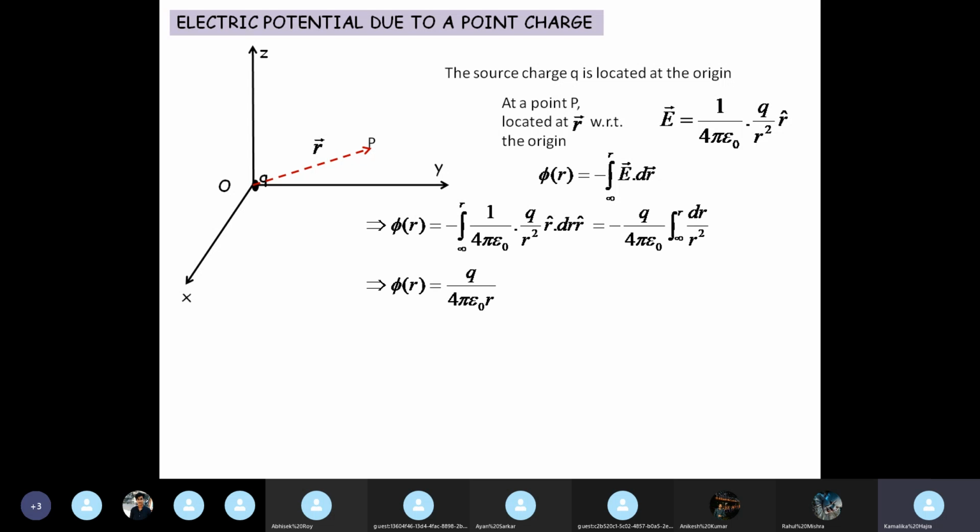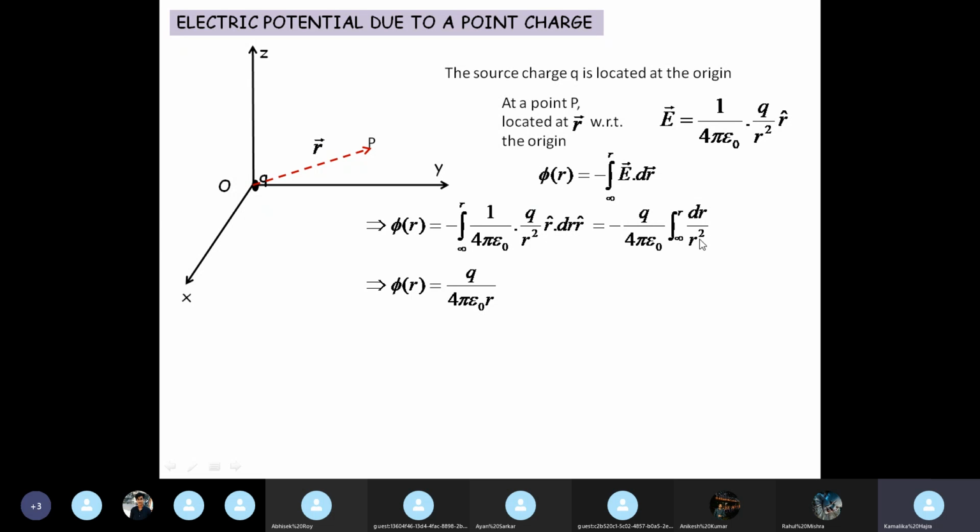So how will you find out the potential? You just put the expression of E. So E is Q by 4 pi epsilon naught r squared. You put that over here, and dr vector is basically dr r cap. So r cap dot r cap gives you 1. So you are left with minus Q by 4 pi epsilon naught times the integration from infinity to r of dr by r squared.